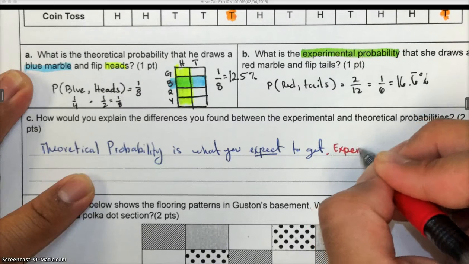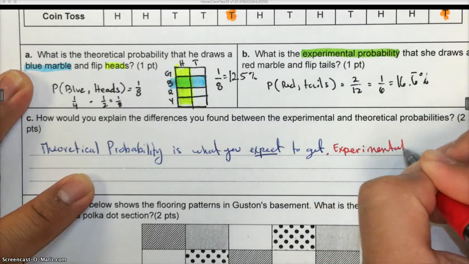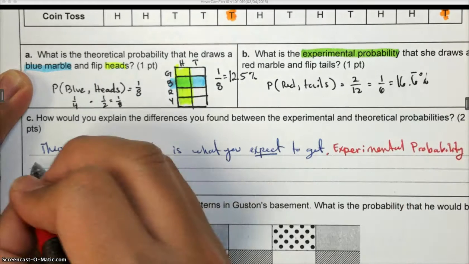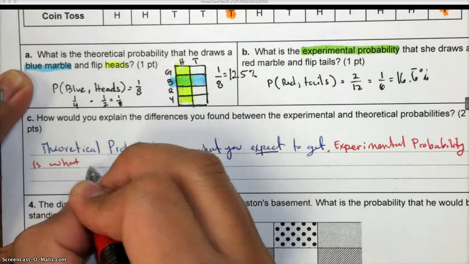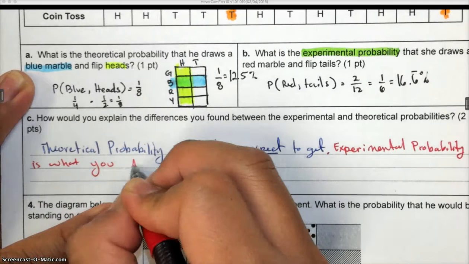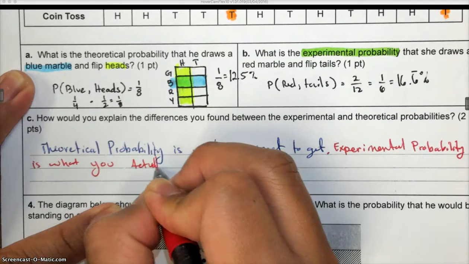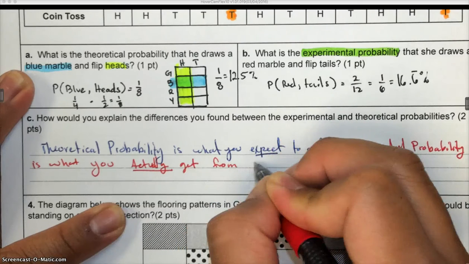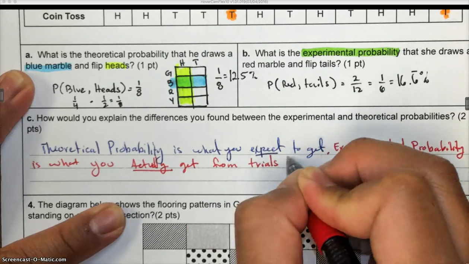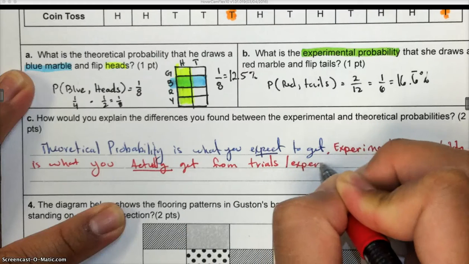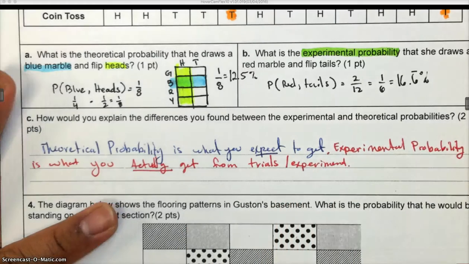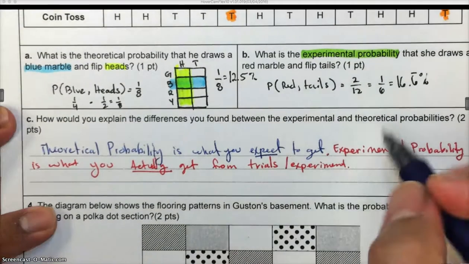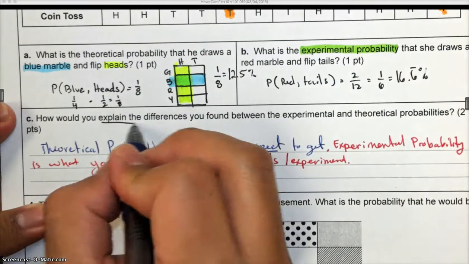Experimental probability is what you actually get from trials or an experiment. Now there are differences amongst them. So that explains what they are. I need to explain the differences.